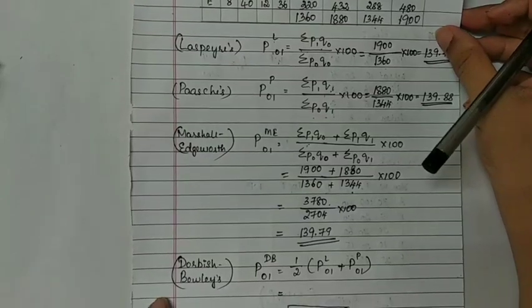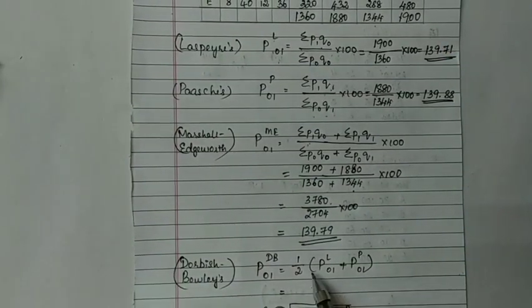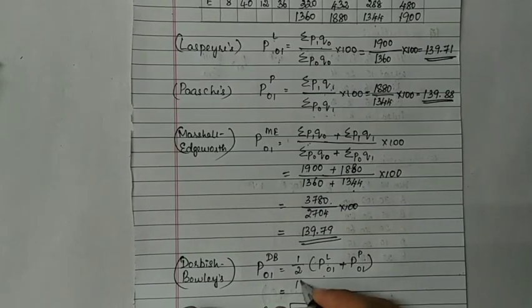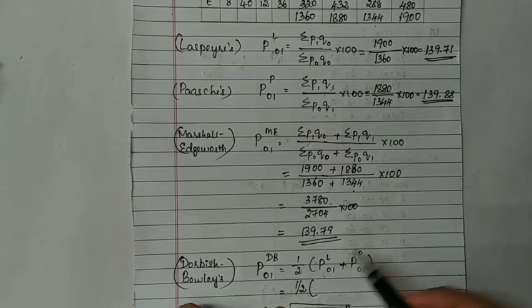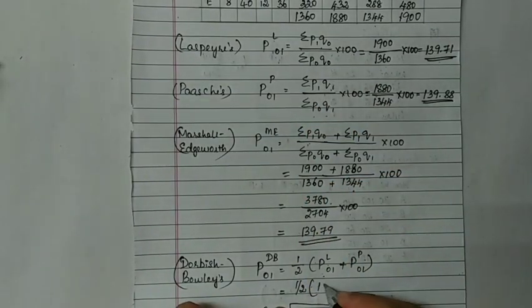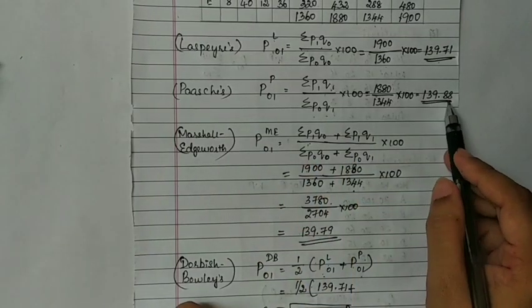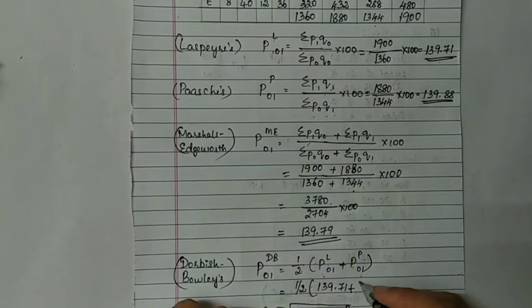And the next one is Dorbish and Bowley. So for this again, P01 of L and P. 1 by 2 into, of L, it is 139.71 plus P01 of P is 139.88.